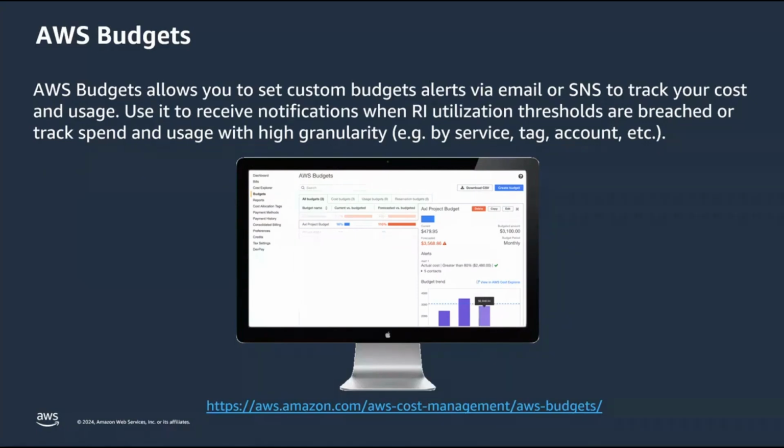What I'm trying to encourage all customers to do is, as soon as they start, set up their original estimates as the budget, to see how they're doing compared to what was originally envisioned in those pre-sales sessions. Then as you move over and below, you can set up some monitoring. You can get email notifications or notifications via SNS. So it's very convenient, very easy to use, and very useful, in my opinion.